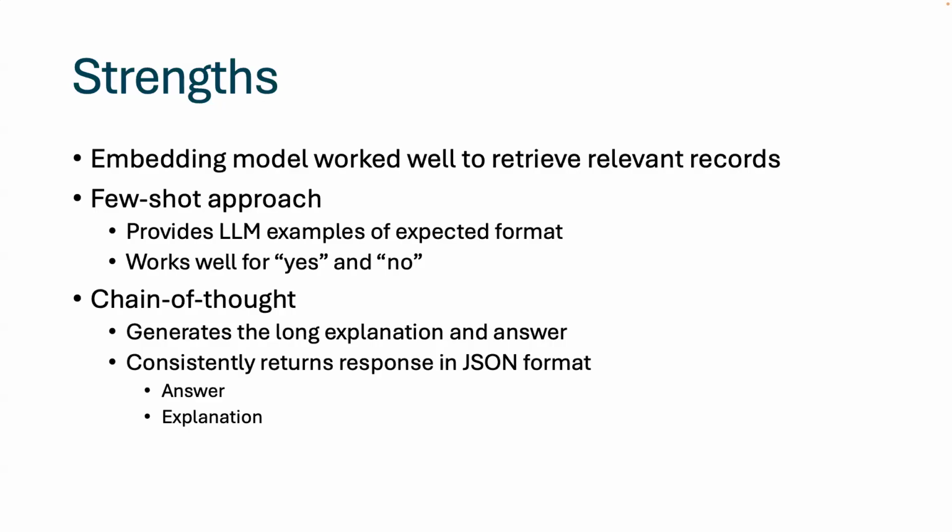And the chain of thought approach worked well to generate the long explanation and the answer itself. The LLM consistently returned the response in the desired JSON format with the required keys to distinguish between the answer and the explanation. And overall, the RAG approach seems to successfully ground its responses in the verified data when that context was available related to the question.